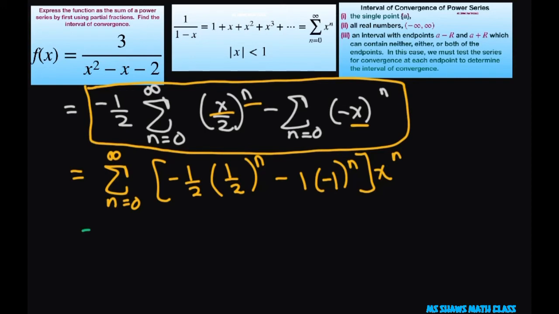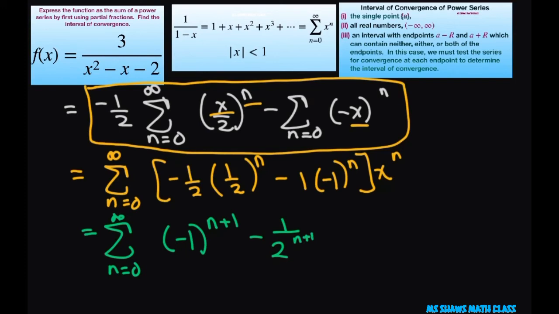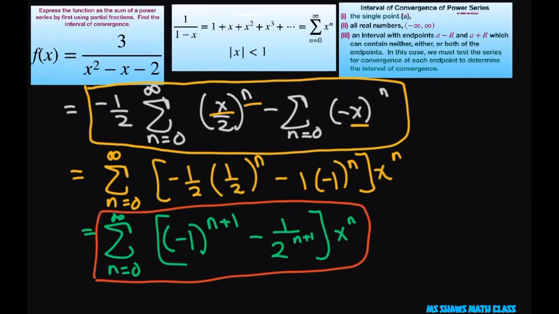So this simplifies to the sum from n equals 0 to infinity of negative 1 to the n plus 1, minus 1, divided by 2 to the power of n plus 1, times x to the power of n. This is a better way to write what we have, but we're looking at the earlier form to find our interval of convergence.